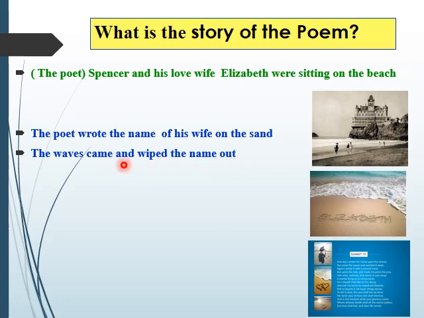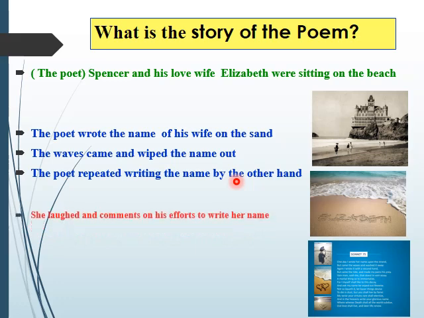The waves came and washed away the name. The poet repeated writing the name with his other hand. Then she, his beloved, laughed and commented mockingly on his efforts to write her name on the sand.